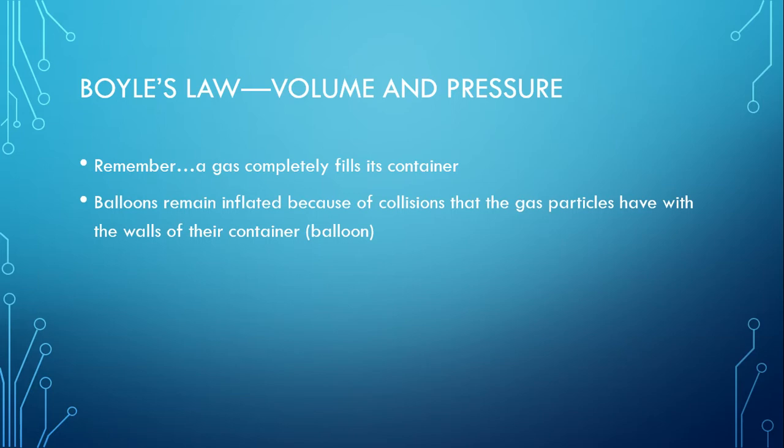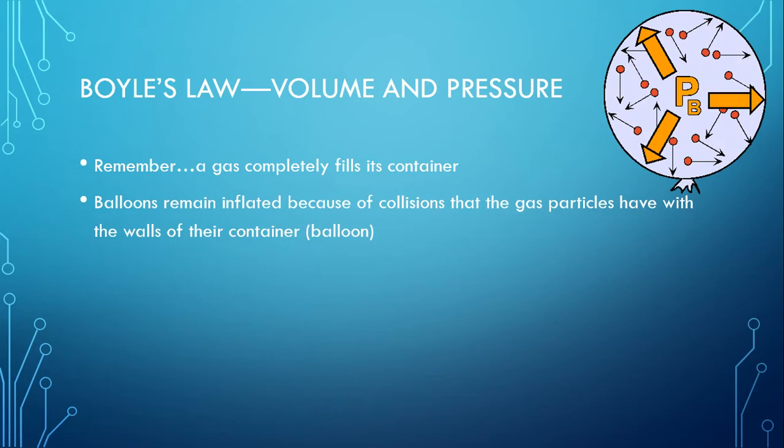So in other words, as those particles are inside that balloon, not only are they spread out and moving quickly, but every single time one of those gas particles hits the side of the balloon, that's what causes that pressure that you feel on the outside of the balloon. That's how they stay inflated.